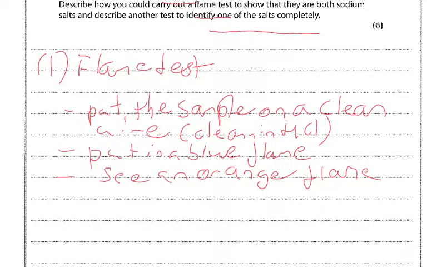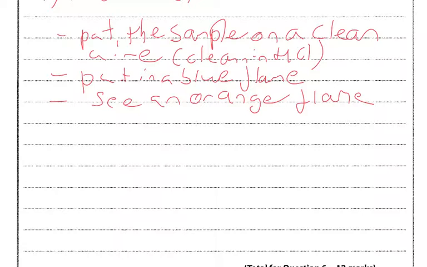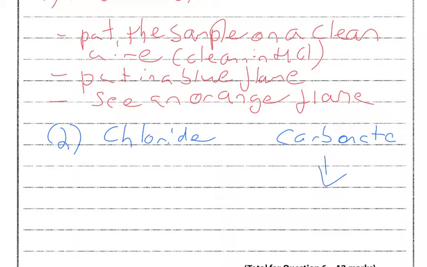Okay, next test is a test to identify one of the salts completely. When it says that, what it means is to identify the anion. So we've got 2 options here. We can either look at the chloride or the carbonate. Carbonate, we'd add HCl, hydrochloric acid, and we'd see bubbling, which turns lime water milky.